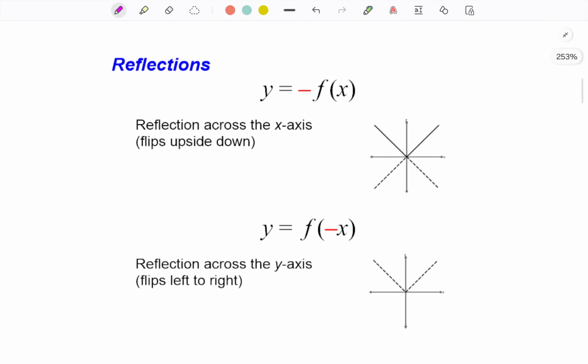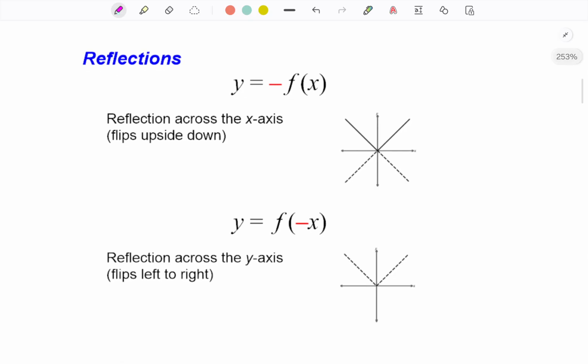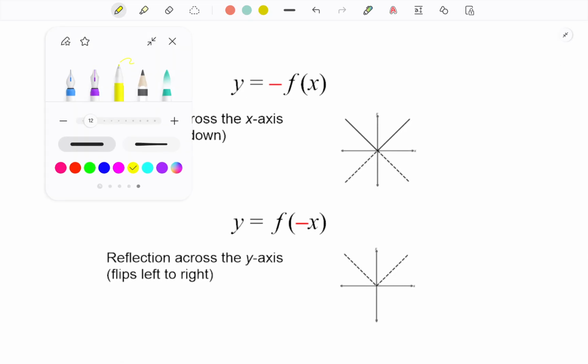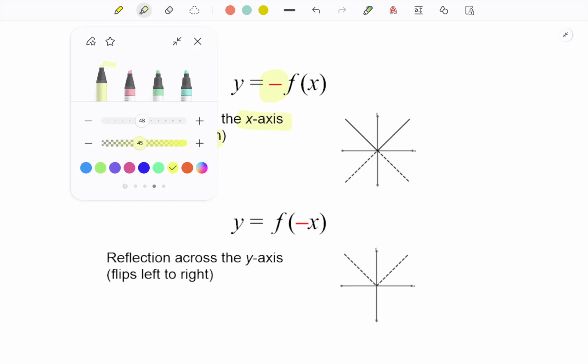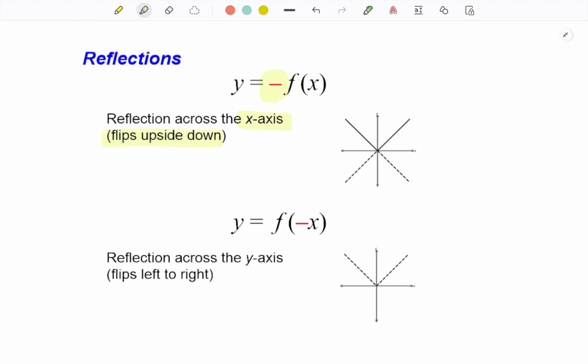Now reflections are some of the easiest things to spot because you are just dealing with a negative. So if that negative is in front of the function, you will flip upside down over the x-axis. And then if you have that negative inside a grouping symbol, then you will flip across the y-axis or from side to side.